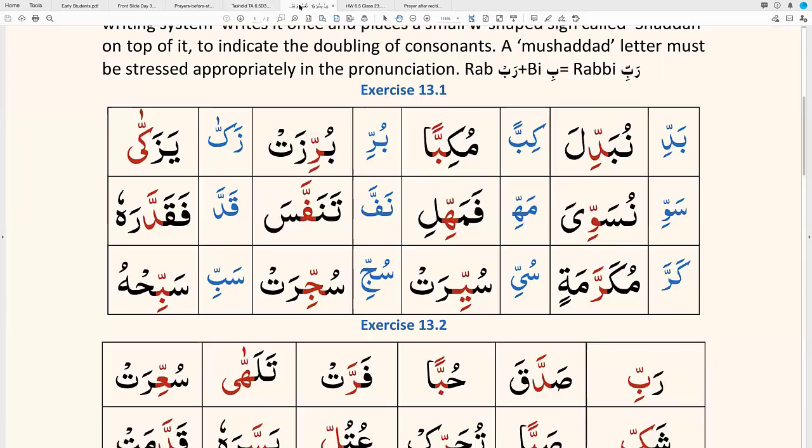If I take you first of all to a word which contains a mushaddad letter, say this one, okay? There is a ba, it has a tashteed on the top. This is the mushaddad letter, okay? Before it is a kaf with a kasra, okay?